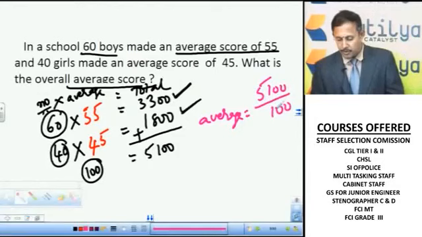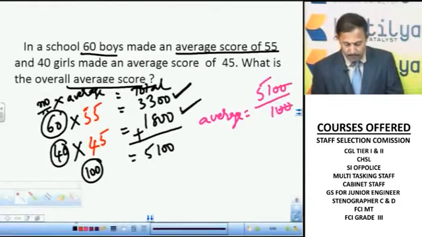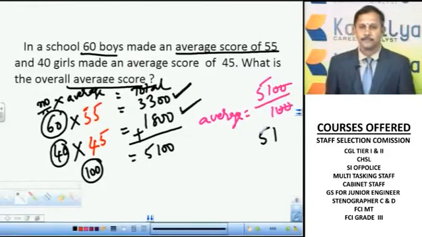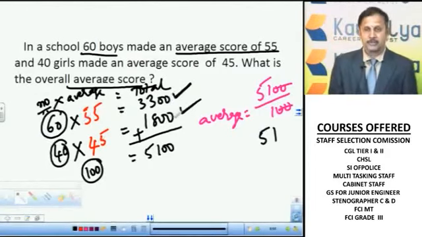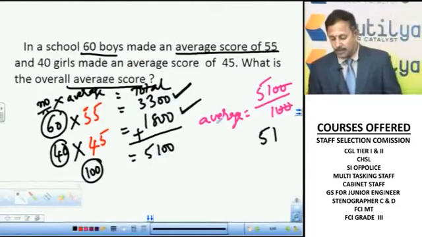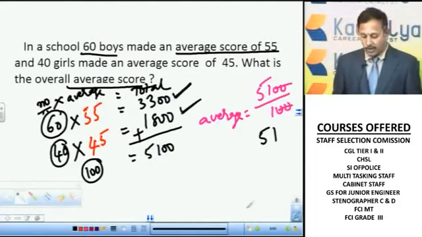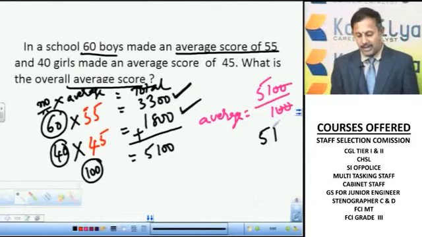Average is equal to total by number of elements. So in this example, 51 is the average mark obtained by all the students, right?